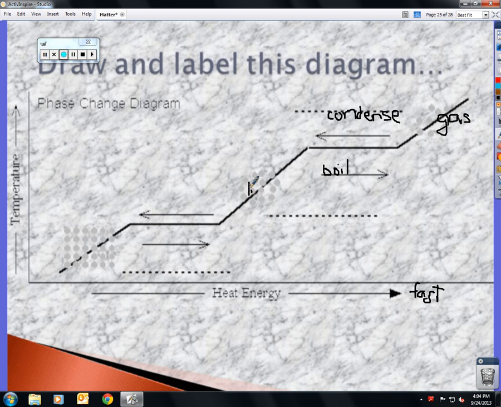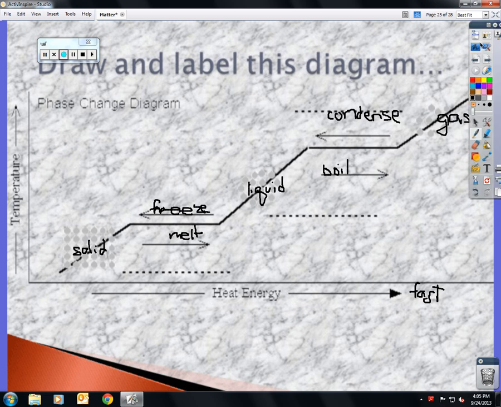Liquid would be here. This one is melting. Oh, I'm sorry, freezing, because it's slowing down. And then this one's melting, because they're speeding up. And over here would be our solid. Okay, hopefully you can read that.